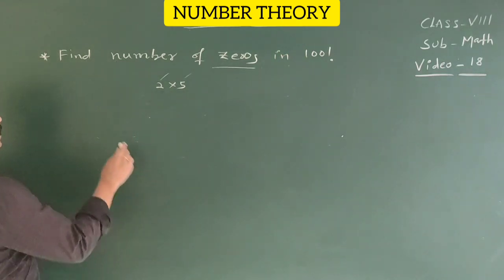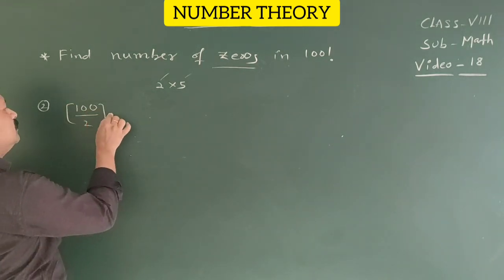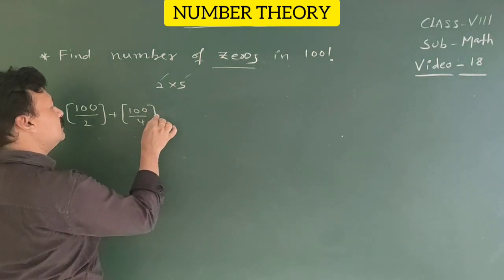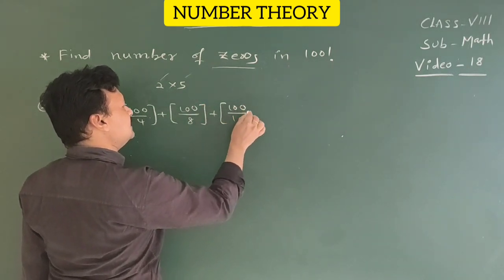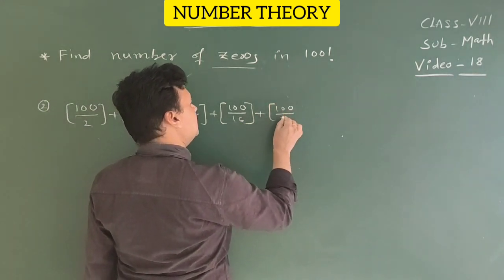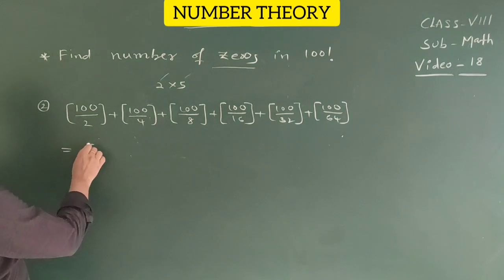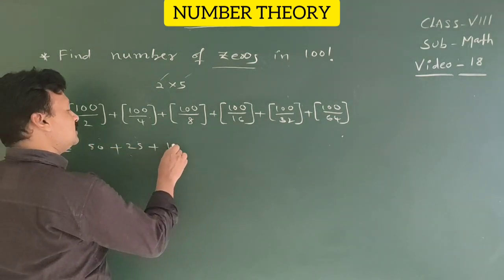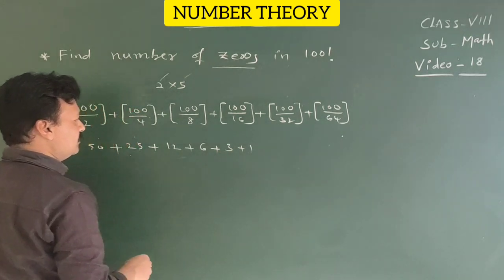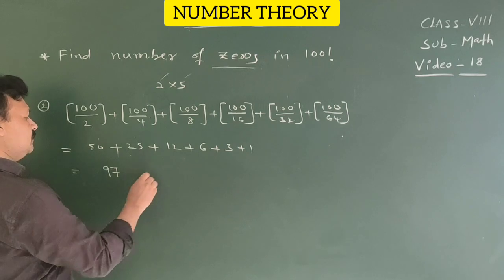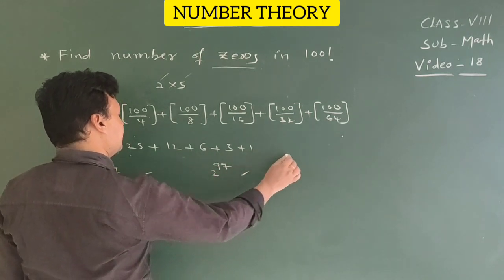The highest power of 2 in 100 factorial is 100 by 2 plus 100 by 4 plus 100 by 8 plus 100 by 16 plus 100 by 32 plus 100 by 64. That is 50 plus 25 plus 12, since 12.5 means 12 only, then 6, 3, 1. So the highest power of 2 is 97.